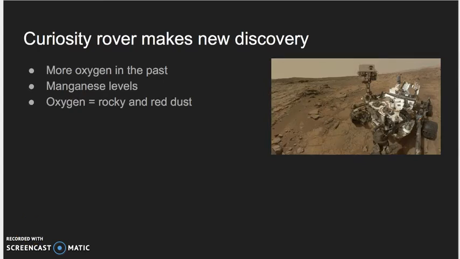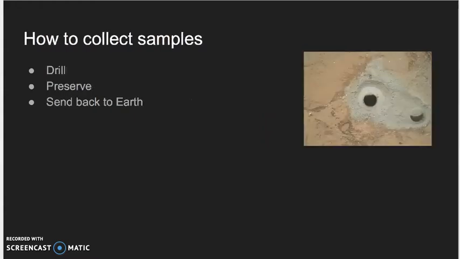So one thing that I was wondering based on this was how the astronomers got their samples. How they got their samples was from the rover having these little arms that kind of drill into the surface of Mars. So the rover drills into the sample rock that's determined would be useful for our knowledge.